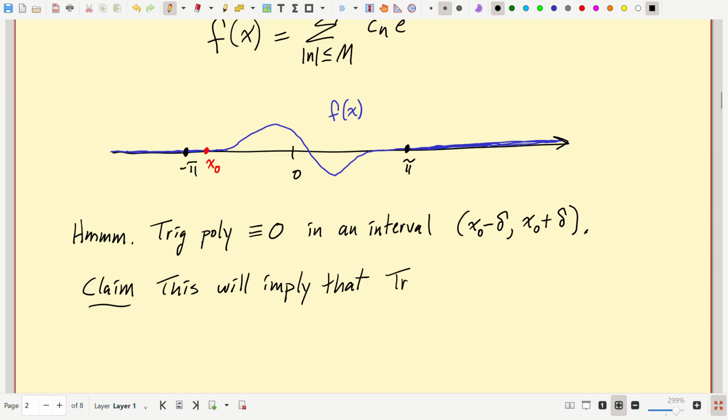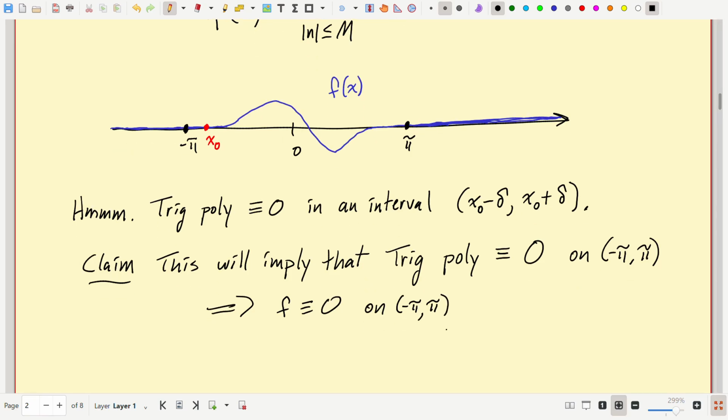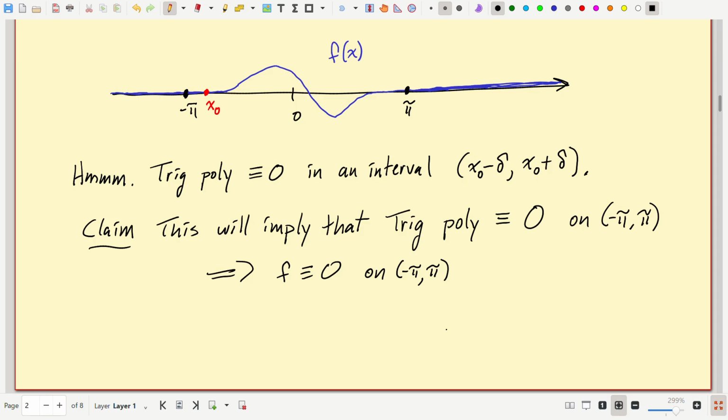It's the 0 polynomial on minus pi to pi. And that implies that f is actually identically 0 on minus pi to pi. And that means f is identically 0 because it's 0 outside. The support was in minus pi to pi. So we know it's 0 outside there.